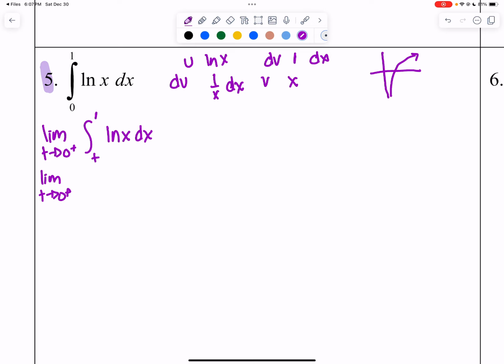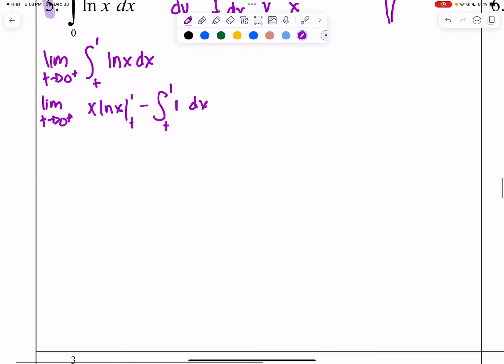Okay, so uv minus the integral of v du, 1 over x times x is just 1. So now I have the limit as t approaches 0 from the right of x ln of x from t to 1 minus x from t to 1.